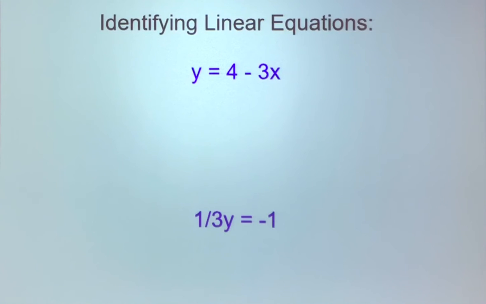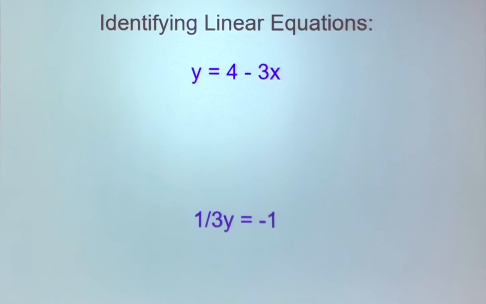Identifying linear equations. If it is a linear equation, it can be written in standard form. So we're going to try to put these equations into standard form. We know that on that first equation, y equals 4 minus 3x, we've got to get the 3x on the other side of the equation.